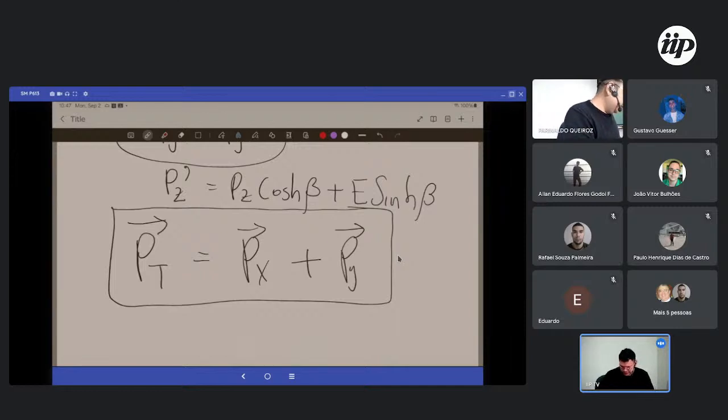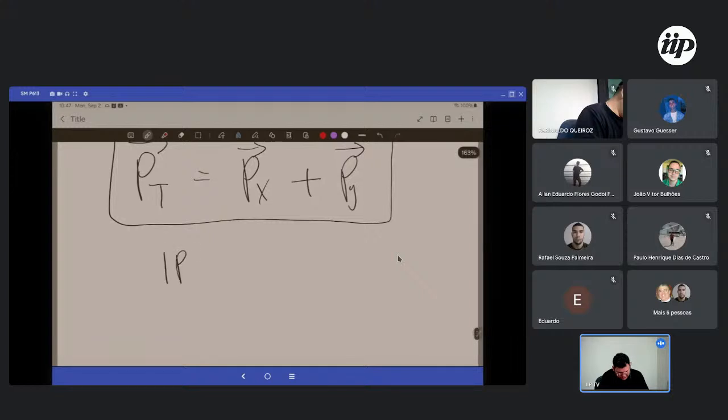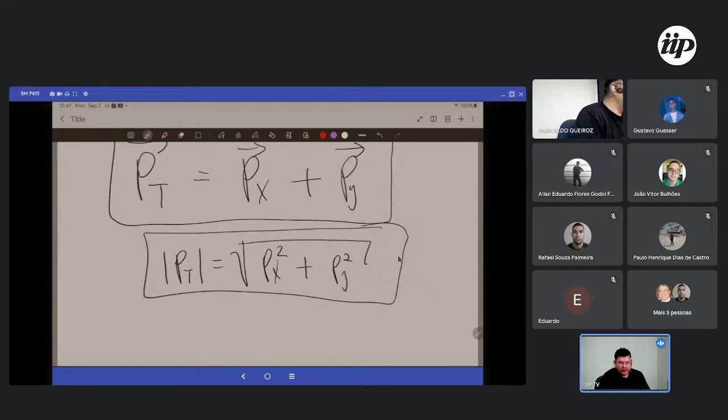So this is important. We have defined pT equal to the square root of px squared plus py squared. So we have the first invariant quantity that we can use to analyze the data from particle colliders.